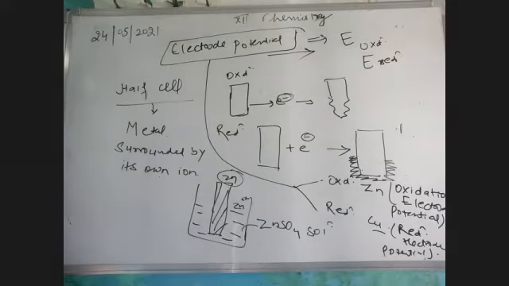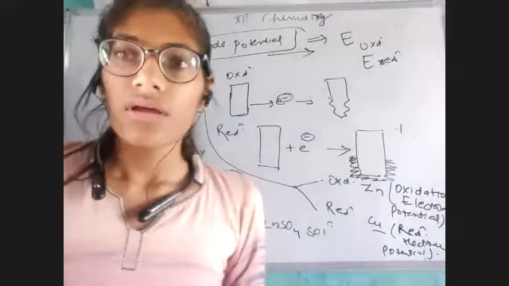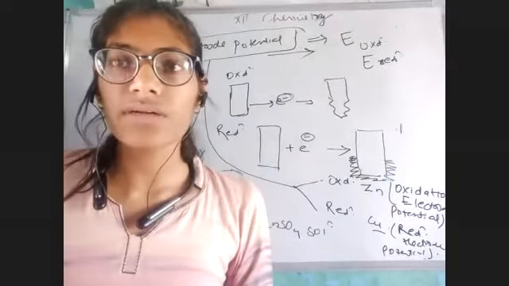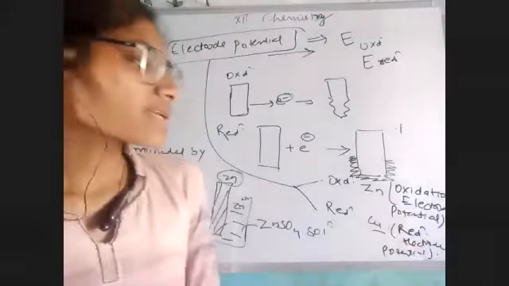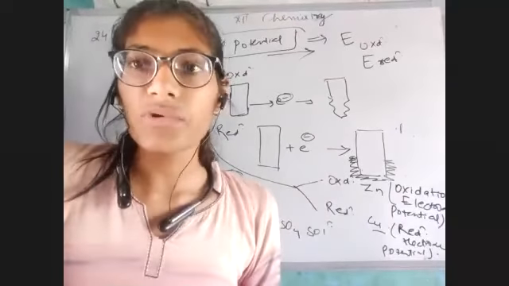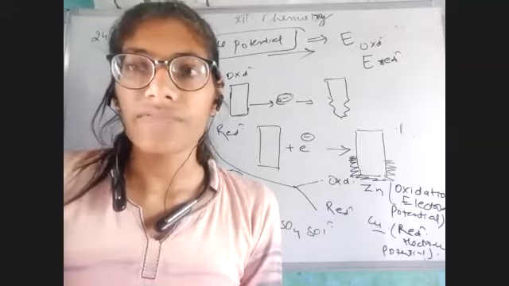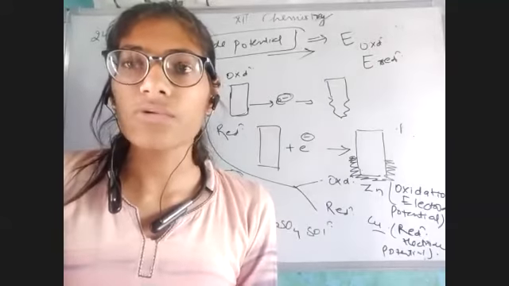Okay, one more thing I want to ask you, is there any kind of doubt in the definition of electrode potential? Or is there any kind of doubt about the difference between oxidation electrode potential and reduction electrode potential? Please let me know. If you can unmute, just say, one or two students. If not, then please let me know in the chat box if there is any kind of doubt or not. Is it clear or not?